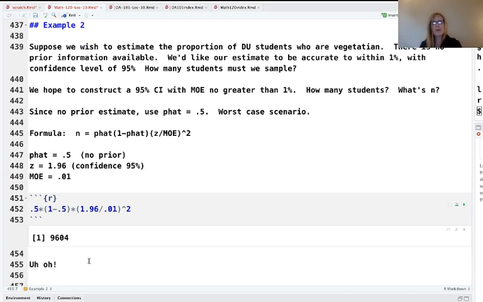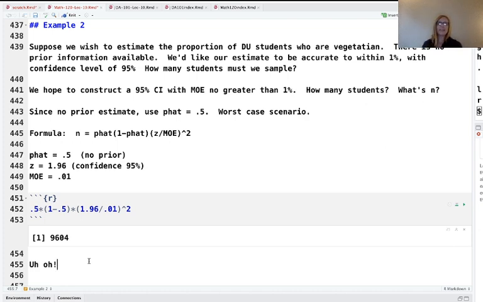I picked this example on purpose, but it seems like maybe we got a little bit greedy when we were designing our study. If we were hoping to have a margin of error less than 1%, we would need a sample size of 9,604 Denison students.